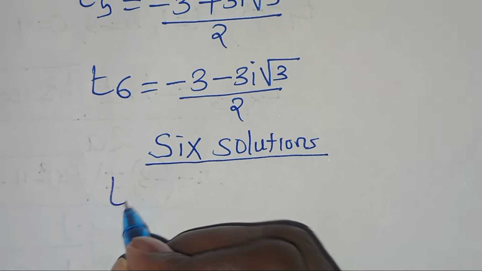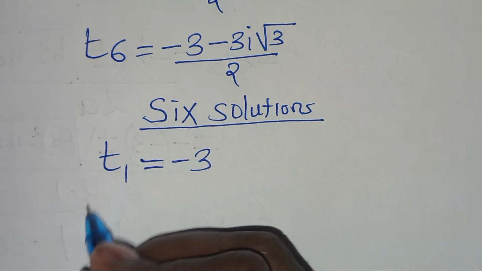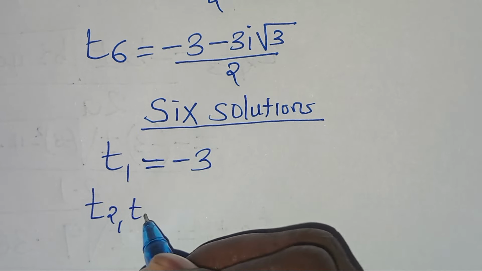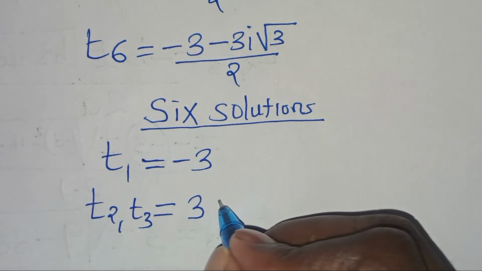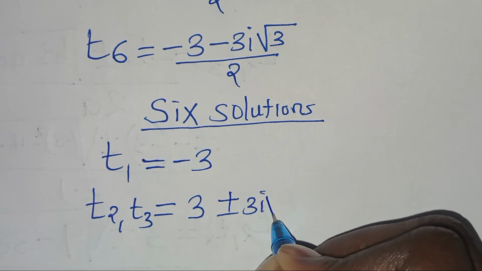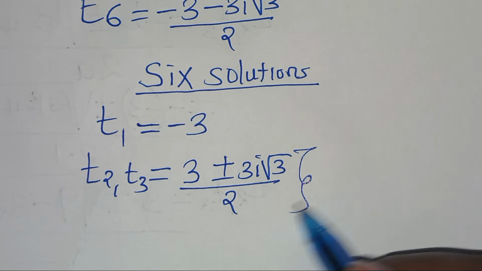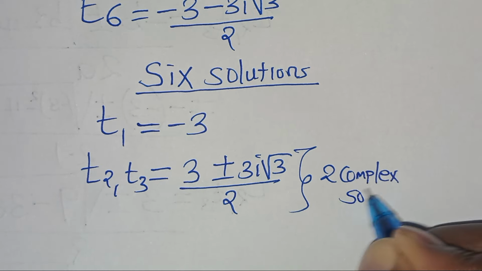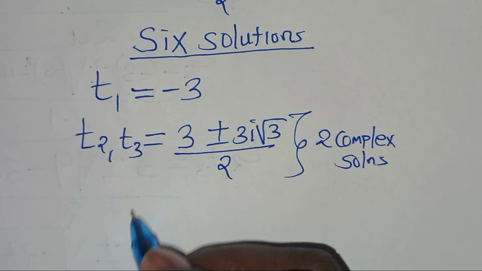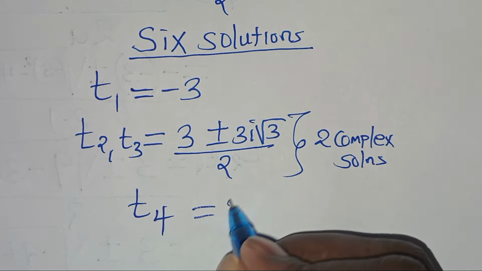We have that t1 is equal to minus 3. We have that t2, t3 is equal to 3 plus or minus 3i square root of 3, divided by 2. These are two complex solutions. Then we have t4, which is actually equal to 3.